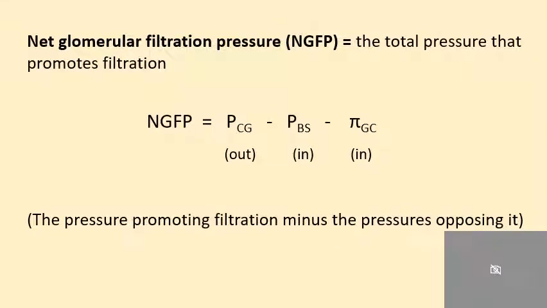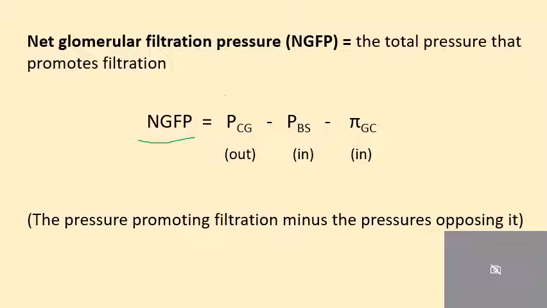So in order to determine the overall force that causes filtration, we need to sum the three forces that we've been talking about. One force promotes filtration. The other two forces oppose filtration. Here we have net glomerular filtration pressure. We're going to sum the forces and come up with the net force.